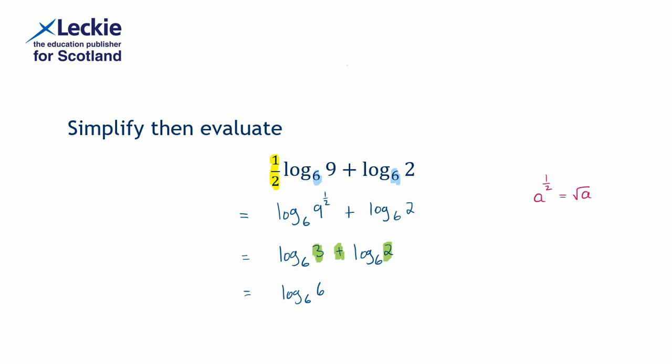And again, we want to remember another little rule or fact that we have with logarithms, and that is that the log of anything to its own base is in fact equal to 1. So in our question, log 6 to the base of 6 can be finally evaluated, so we found its value, and its value is in this case 1.